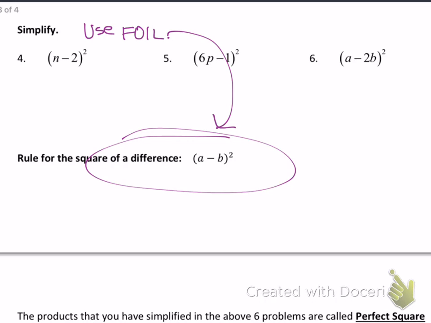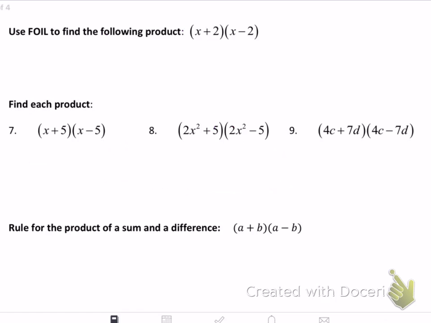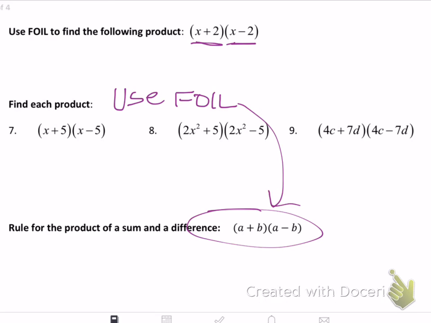Again, if you can't, it's fine, as long as you're fine with the FOIL. And then I want you to go to the last page, where you have another special product, where one of them is an addition and the other one is a subtraction, and use FOIL again, and I want you to see again if you can figure out what is the shortcut instead of having to use FOIL. But again, if you don't understand, then just use FOIL, okay?